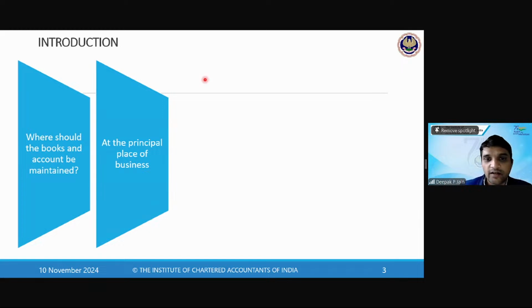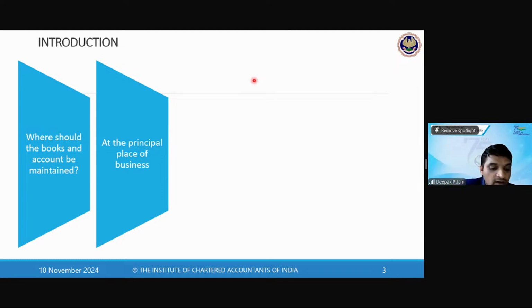We have seen, right, under registration, you can take registration for multiple places or you can take registration for individual places. Okay, when you take registration for multiple places, one place will be called as principal place of business, correct? So that principal place of business, and then other branches will be called as additional place of business.